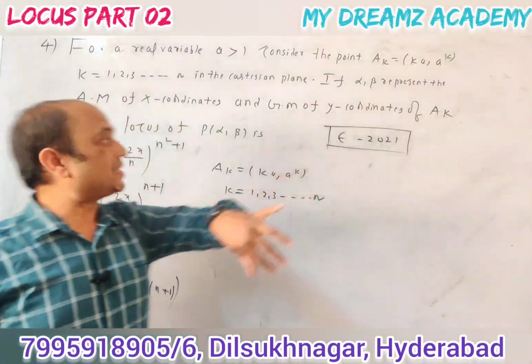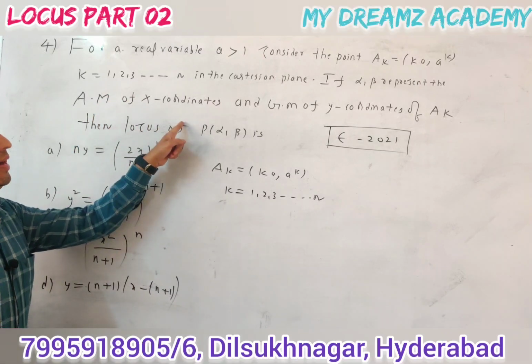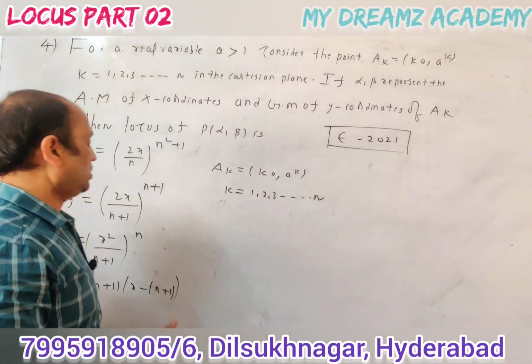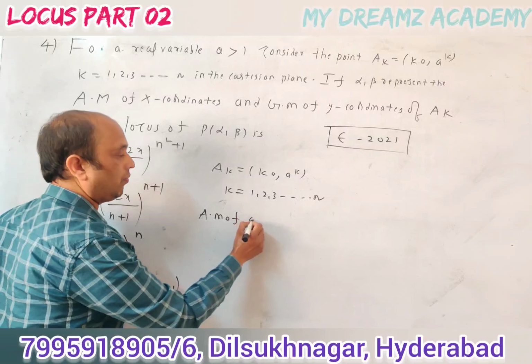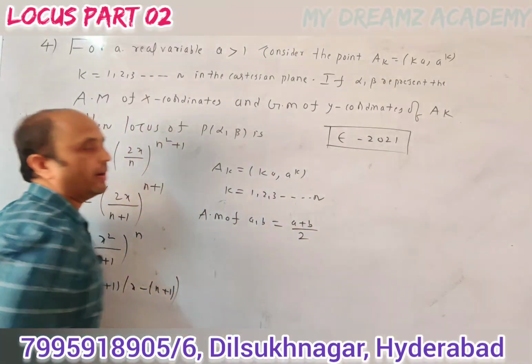Alpha, beta represent the arithmetic mean of the x coordinates and the geometrical mean of the y coordinates. Already we know that the arithmetic mean of a, b is equal to a plus b by 2.